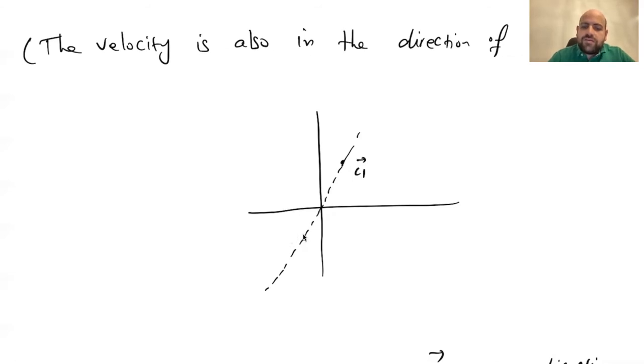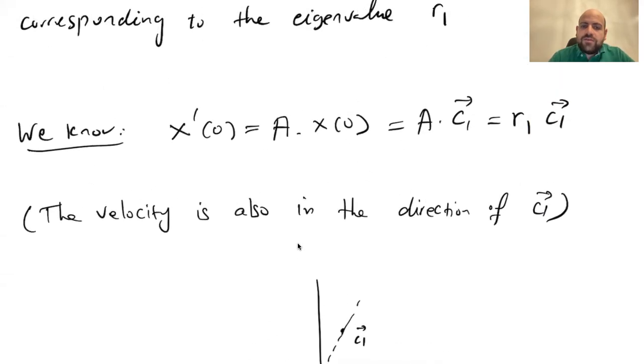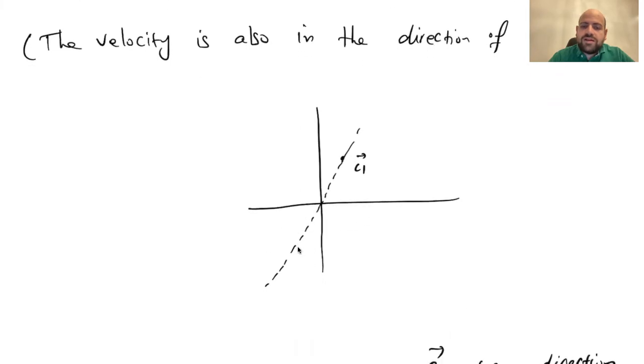Also, if originally the particle is located in this direction, let's say minus C1, then you can show that the velocity will be still negative, again getting farther and farther from origin. So if R1 is positive, regardless whether you start from some point at C1 or minus C1 or any point along this line, the particle gets farther and farther from origin as t goes to infinity.